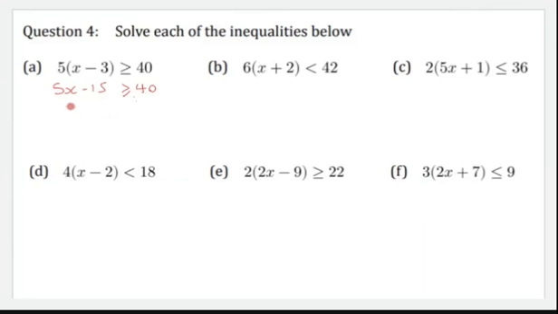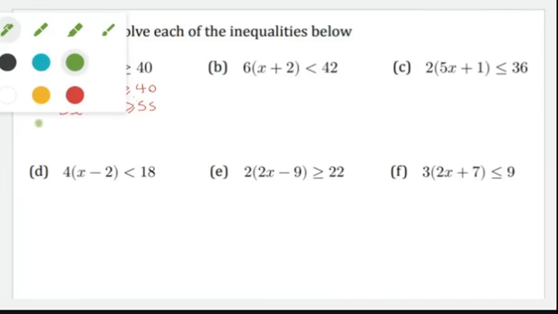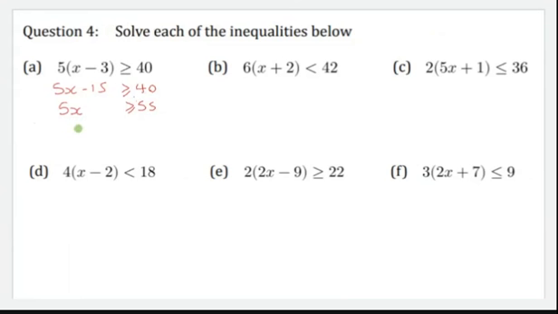Added 15 on both sides. So that'll be 5x is greater than or equal to 55. Yes, it is. And then now you divide 5 on both sides. So x is greater than or equal to 11. Yeah, very good. That's it.